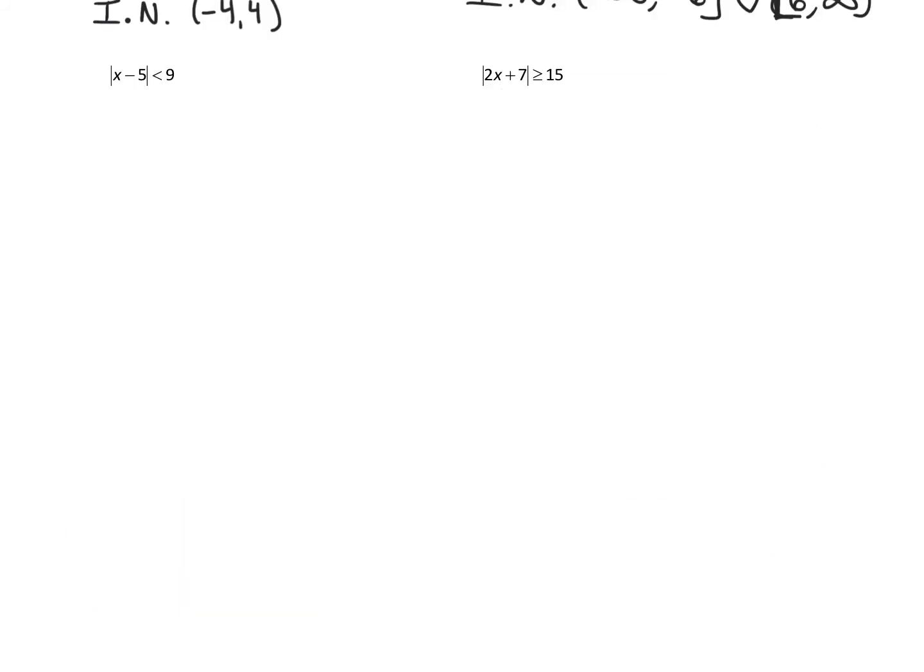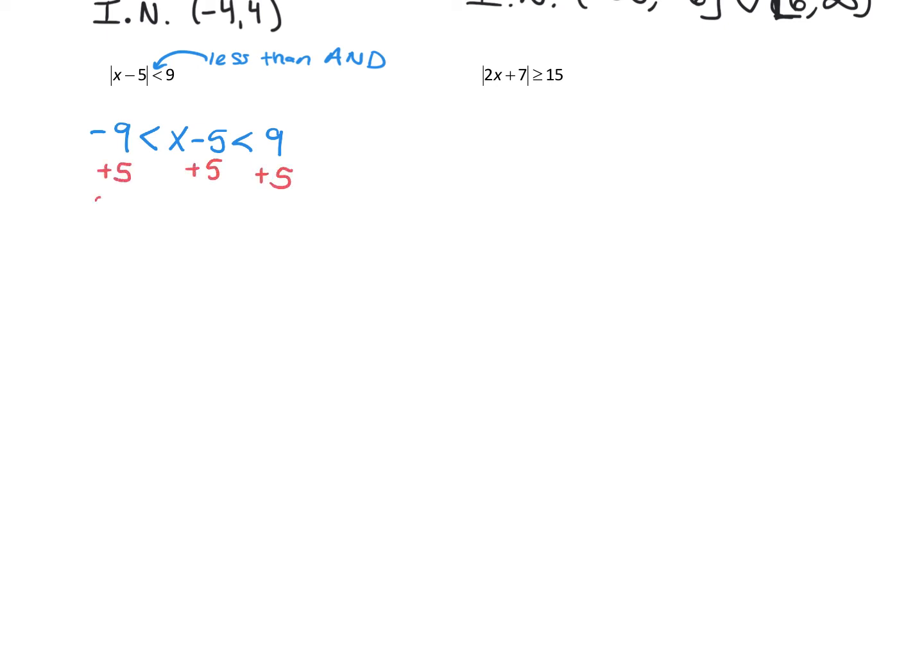All right, let's try these steps with a few more numbers. This is less than, which means it's an and. So I'm going to write x minus 5 is less than 9, but it's greater than negative 9. Now to solve this, I'm going to get the x alone by adding 5.